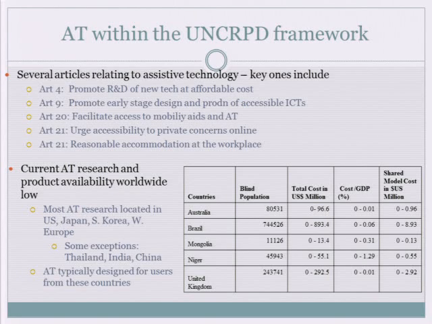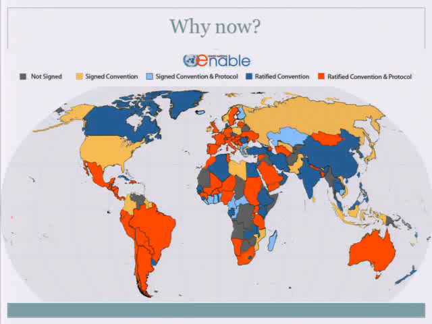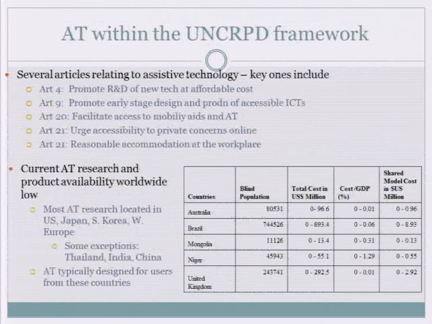Now, if I go back to the map of who has signed on to the convention, you'll notice that a number of the countries which have signed are amongst the poorest in the world. As a result, the question becomes, what does this do for the operational viability of the convention in the long run?